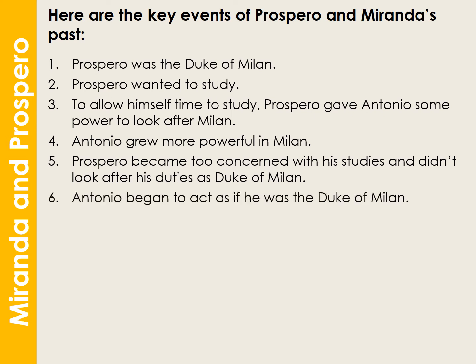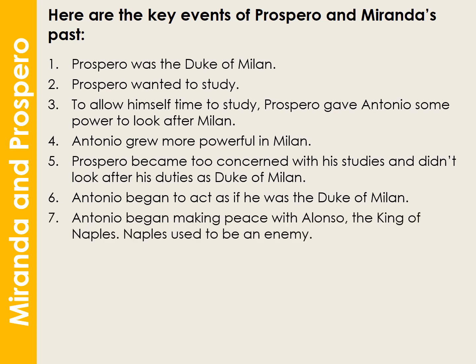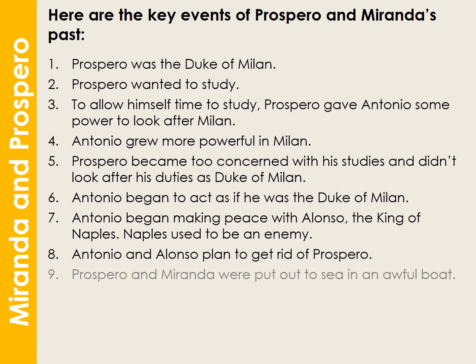Antonio began to act as if he was the Duke of Milan. Oh dear. Antonio began making peace with Alonso, the King of Naples. Naples used to be an enemy. Antonio and Alonso planned to get rid of Prospero. So you can see how things here are going wrong. It's starting to stir against Prospero.